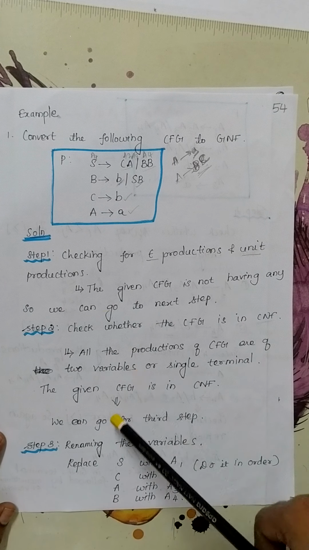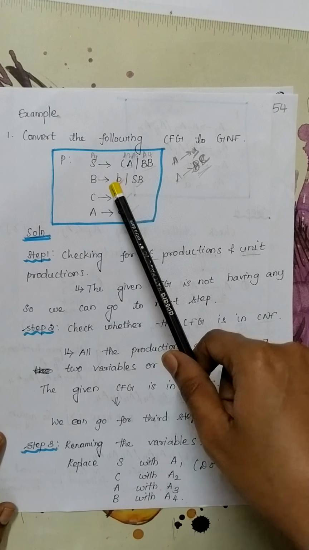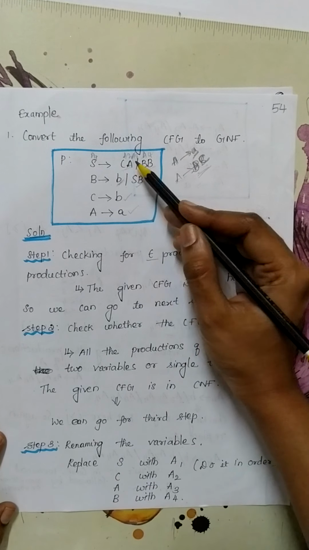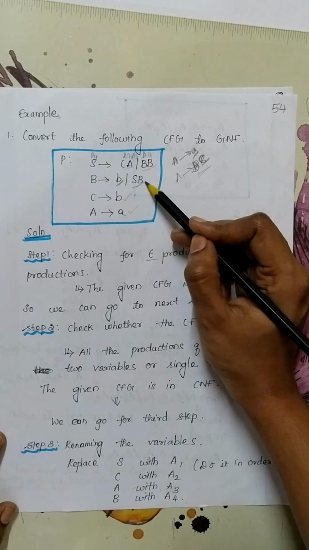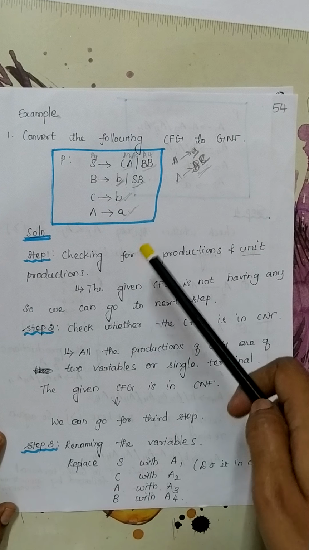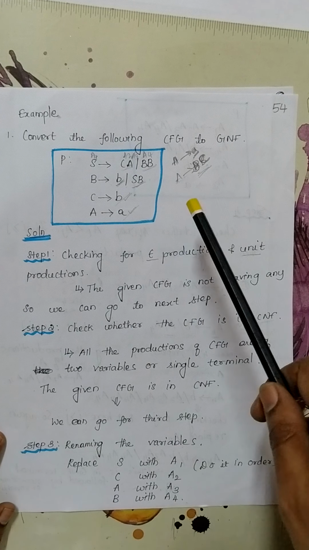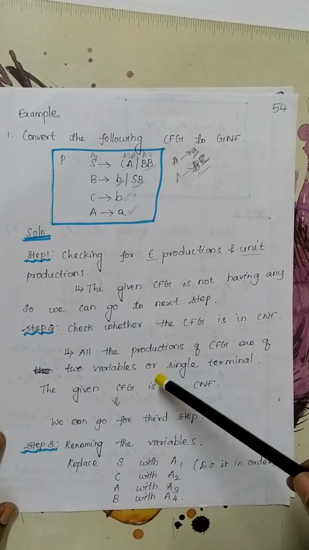In the given grammar, here we have two variables, here two variables, here a single terminal, here two variables, a single terminal and a single terminal. So definitely the given grammar is in Chomsky normal form, and we can directly go to the third step.